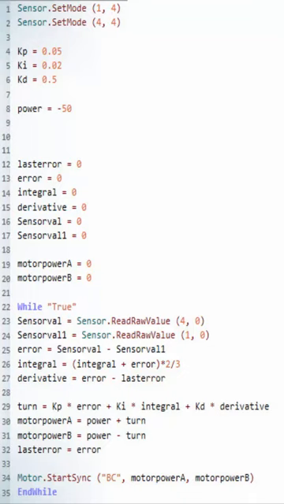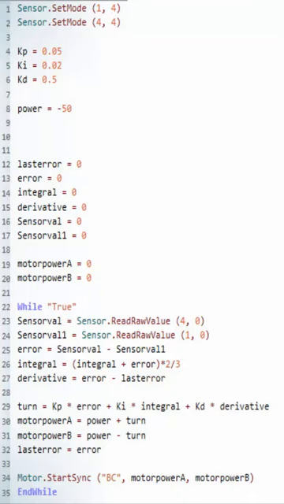As I told you, the derivative tries to predict the next error. So the turn is calculated by multiplying each of the proportional, integral and derivative terms by their own constants. So the turn is calculated as Kp times the proportional term, that is the error, plus Ki times integral plus Kd times derivative.